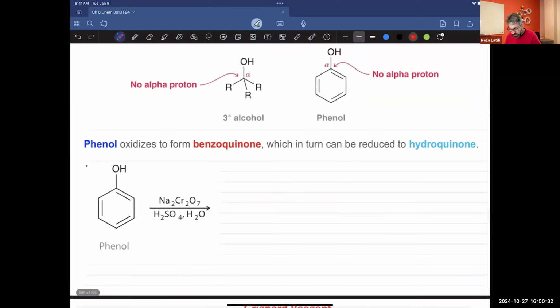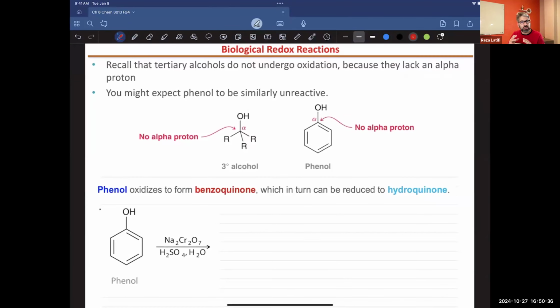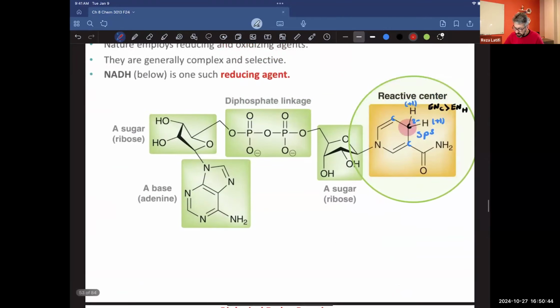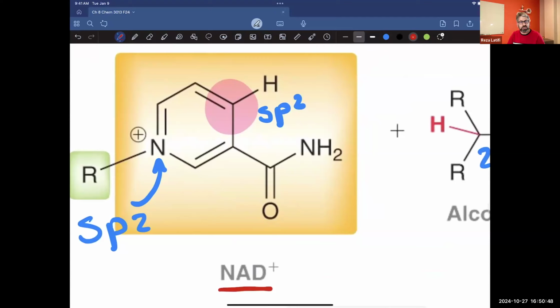Okay. Now, the question is, we have a ring, and a ring that I showed you. If I go back, for example, when we got this ring here, we got carbon that has sp2 hybridization.